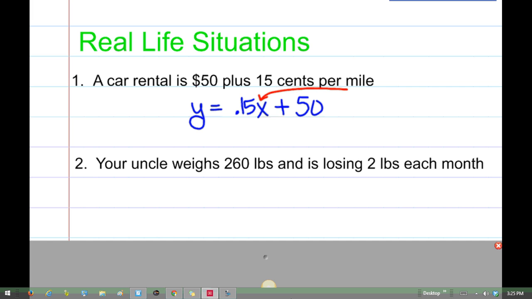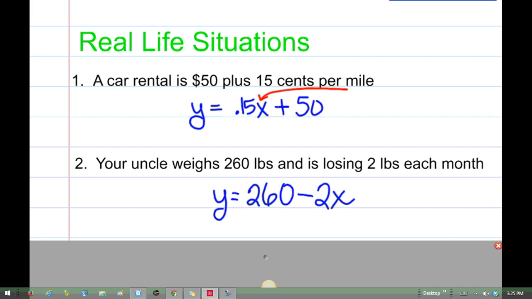Your uncle weighs 260 pounds, and he's losing 2 pounds each month. So he's starting at 260, and he's losing, that sounds like subtract, 2 pounds every month.